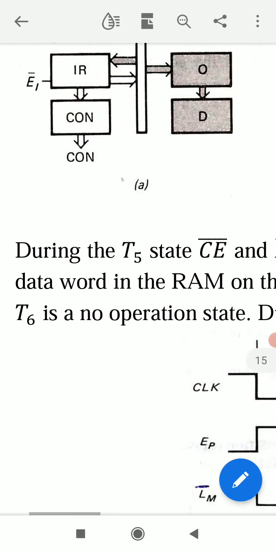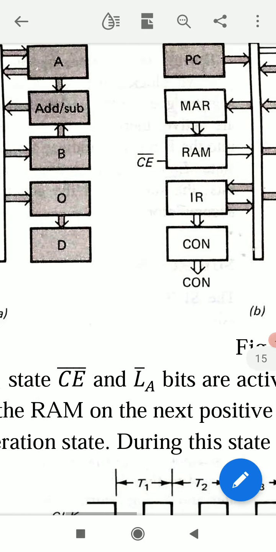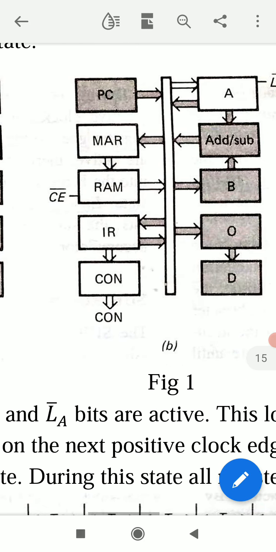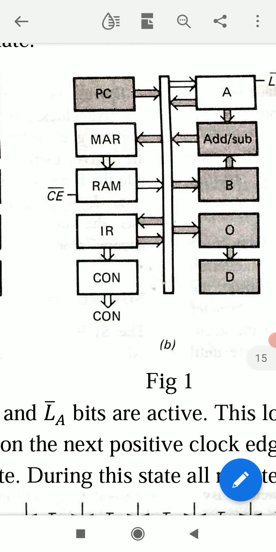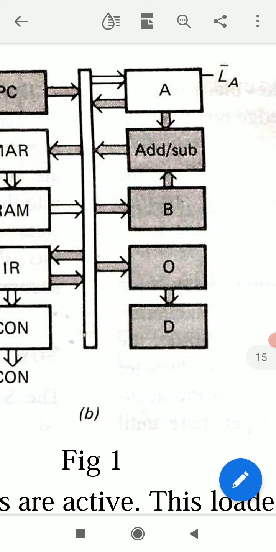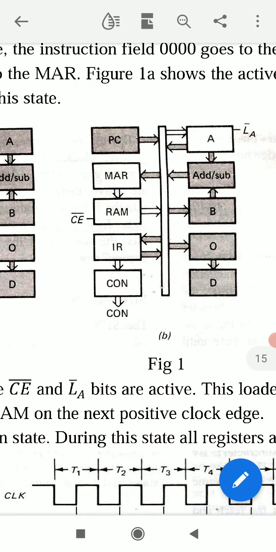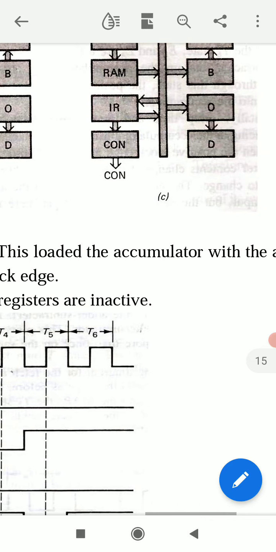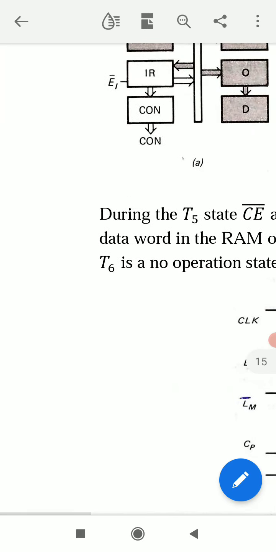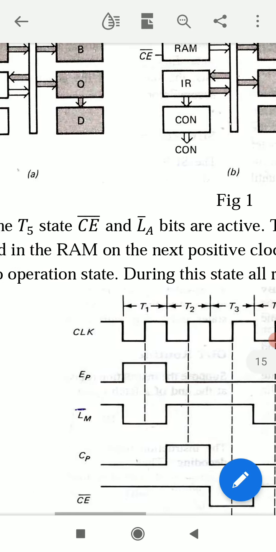During the T5 state, CE bar and LA bar bits are active. CE bar is connected with RAM, memory, and LA bar is connected to accumulator, that is A register. This loads the accumulator with the addressed data word in the RAM on the next positive clock edge.